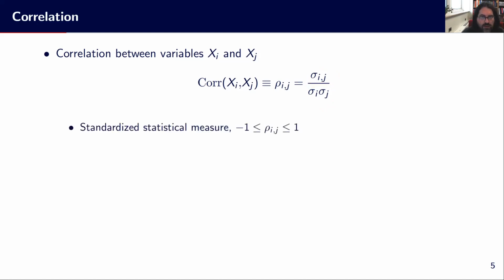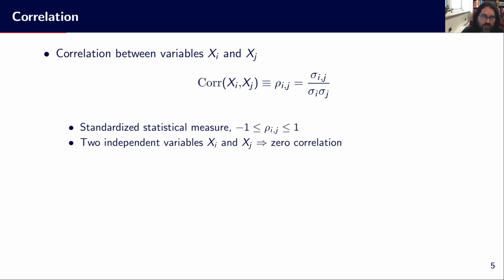The nice thing about this is that it is a way to standardize the measure. So the correlation is between -1 and 1. It's really limited because the product of sigma i, sigma j is always equal to or larger than the absolute value of sigma ij.